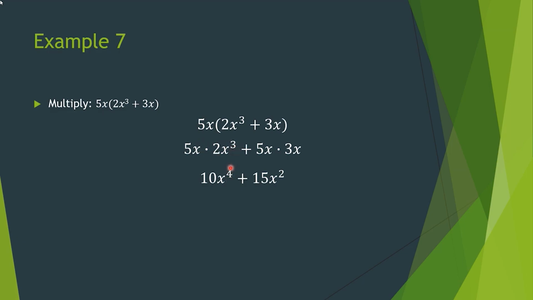So 1 plus 3 gives you the 4. Here, you multiply the numbers, so it'd be 5 times 3, which is 15. X to the first times x to the first gives you x to the second. And these are unlike terms, so you can't do anything, so you would stop here.